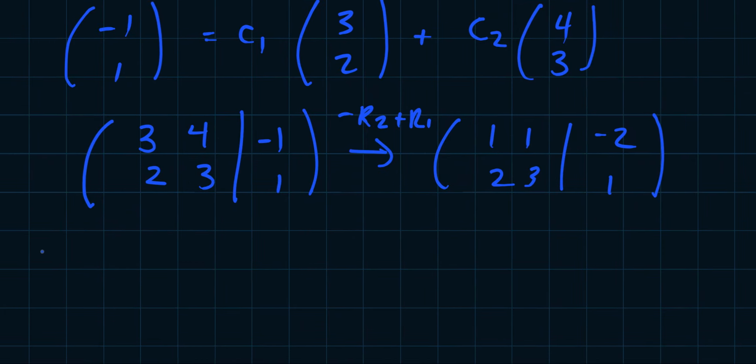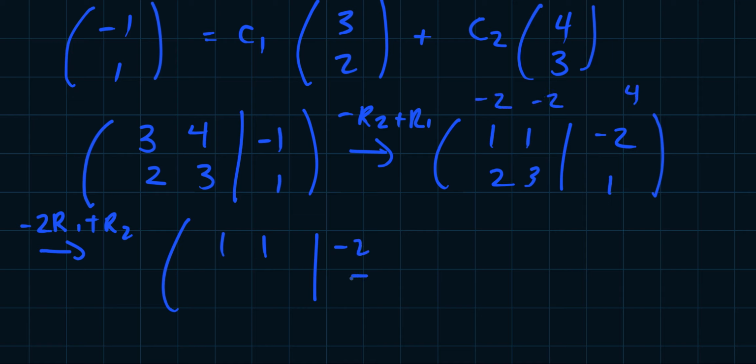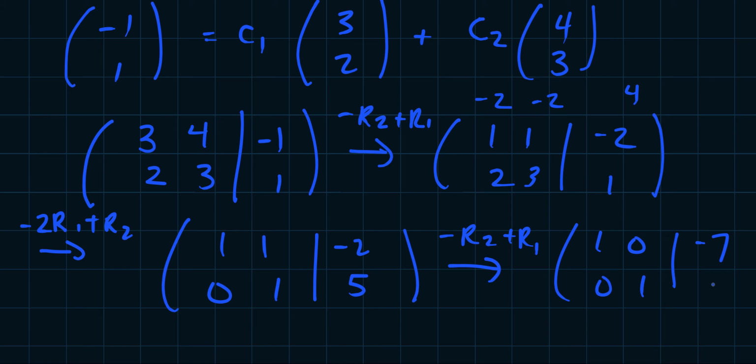And then what I did was I added a negative 2 times row 1 to row 2. So this will be negative 2, 4, 5, 0, 1. And then my last step is to subtract row 2 from row 1, and I'll get 1, 0, negative 7, 0, 1, 5.